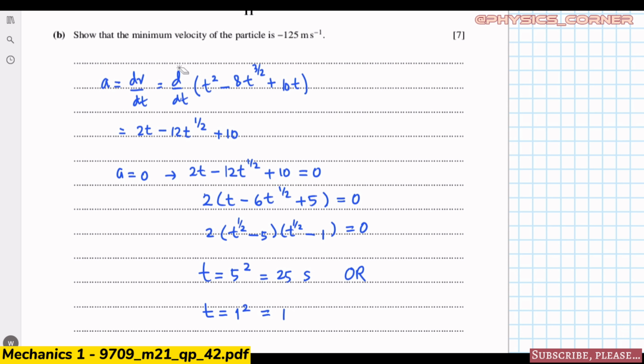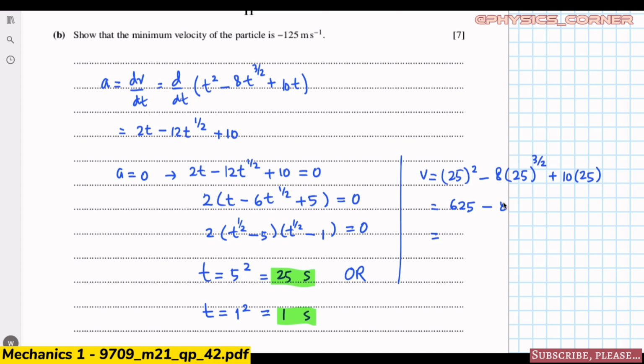25 squared, negative 8 times 25 power 3 over 2, plus 10 times 25. This is 625 minus 8 times 125 plus 250.